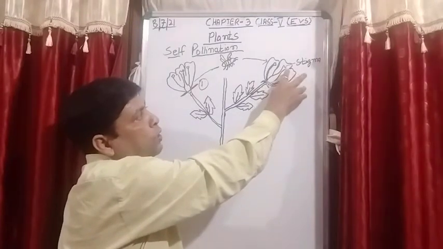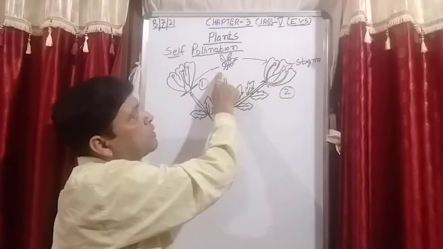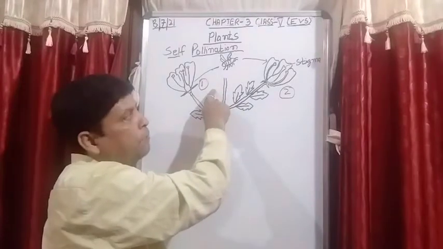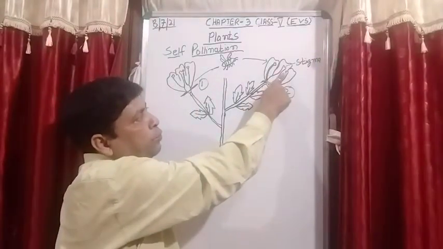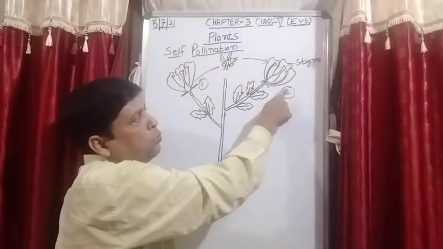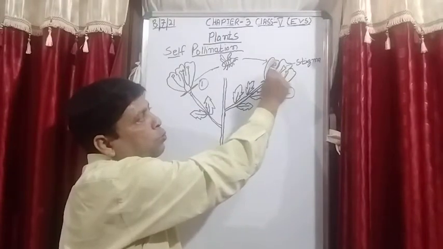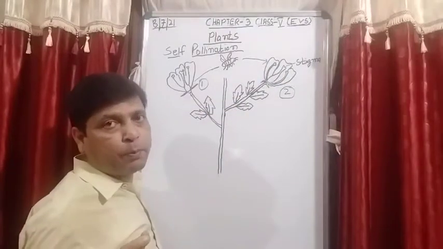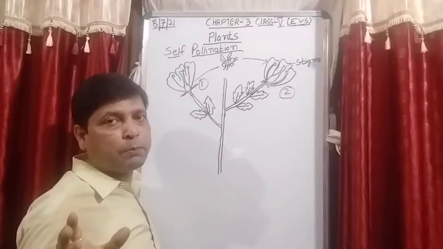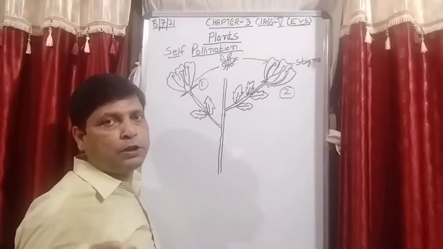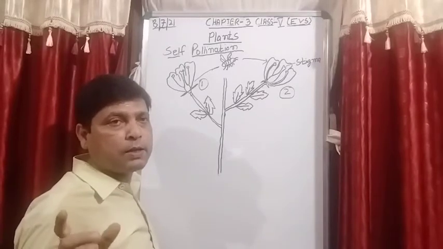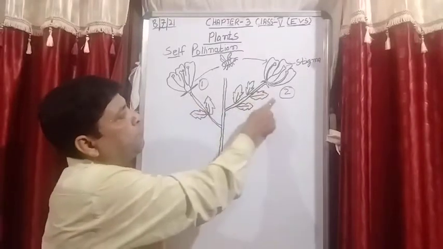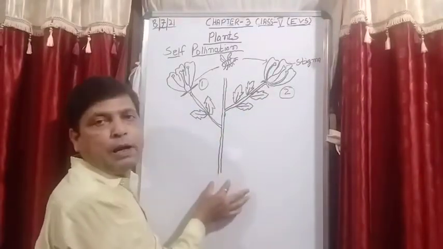In this manner pollens of this flower are left on the stigma of flower number 2. So which type of pollination takes place here? That is self pollination. What is the reason? Because both the flowers are on the same plant.